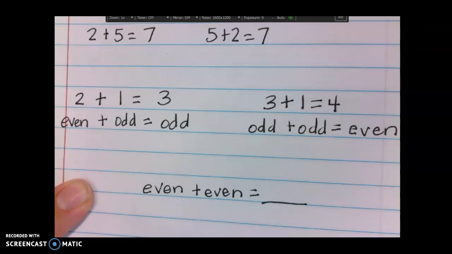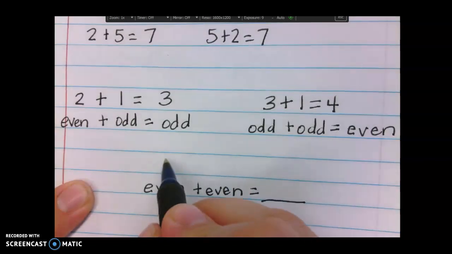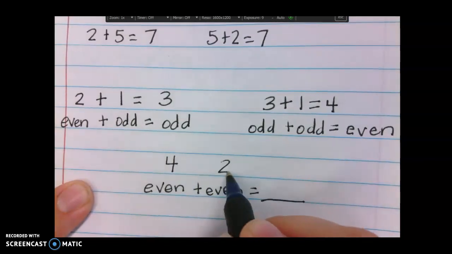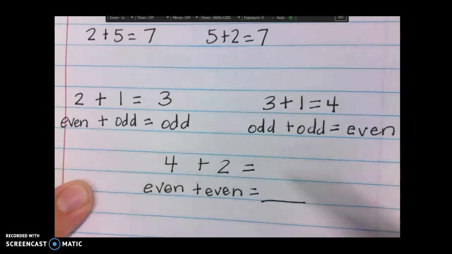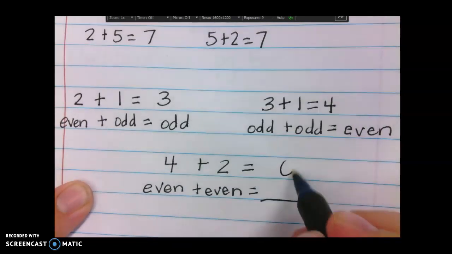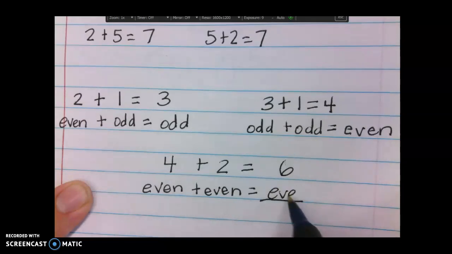Try some in your math notebook and see what you think. If I have two even numbers, would my number be even or would it be odd? Okay, let's try an example. Let's do 4 plus 2. 4 plus 2 equals 6, so that would be even.